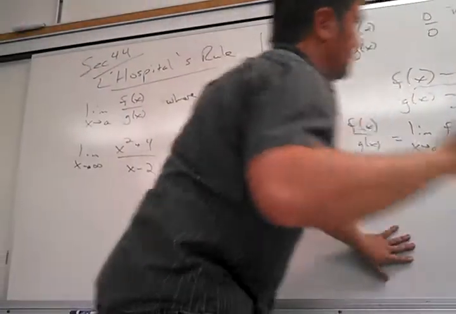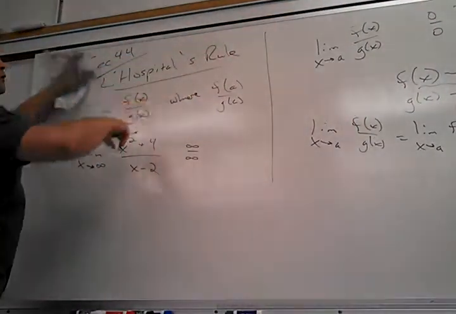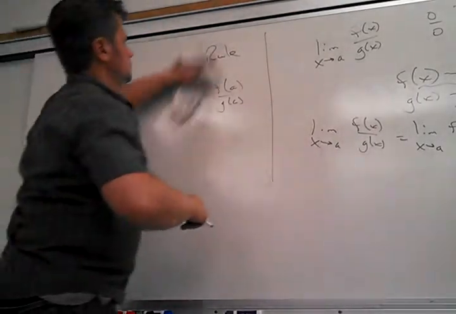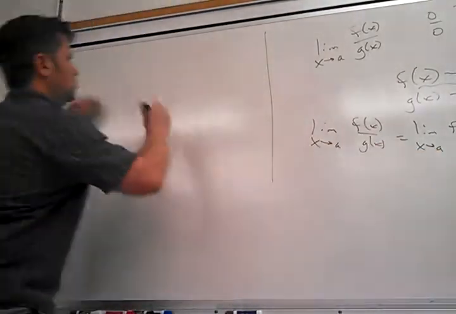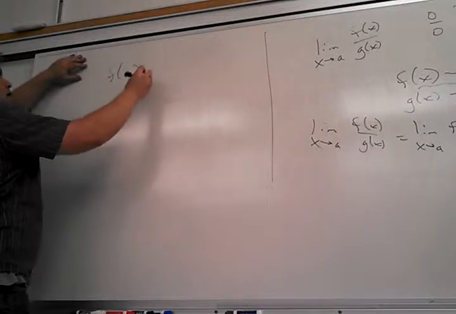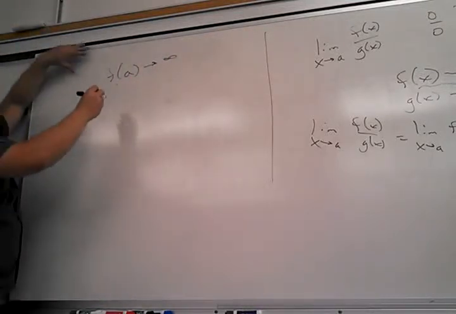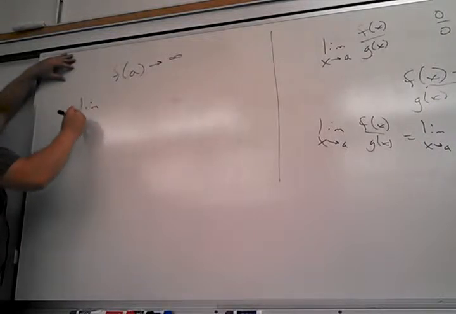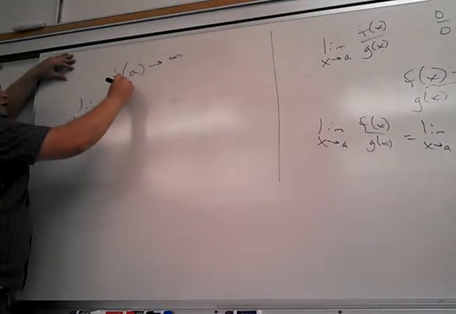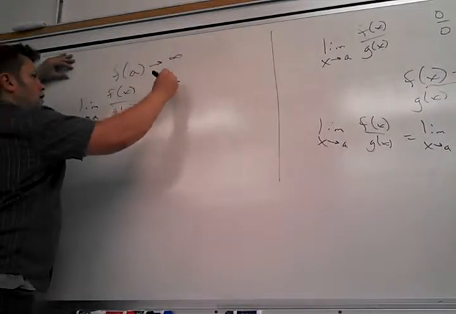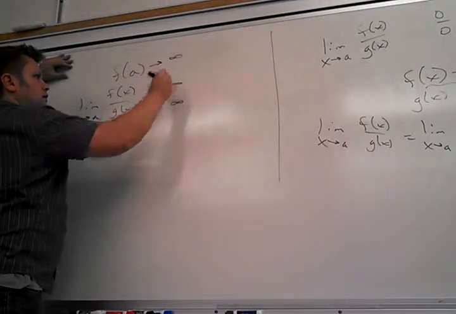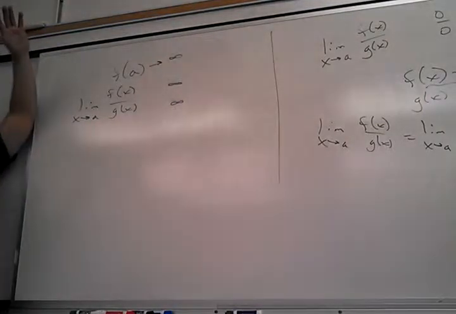Now, real quick, if somebody just said, what if it was infinity over infinity? So if f of A goes to infinity, that would be the limit as x goes to A of f of x over g of x. So this would be infinity over infinity. Cool?